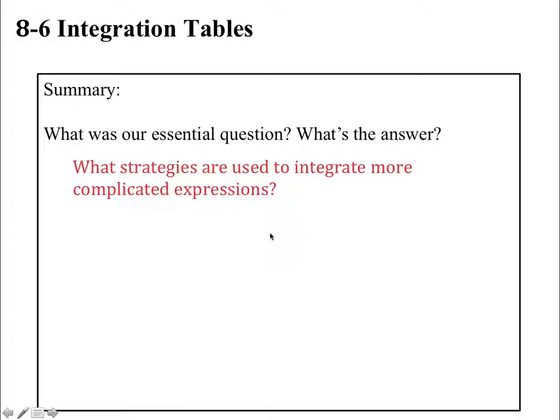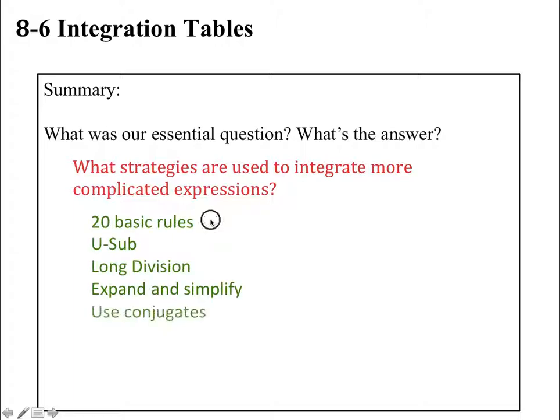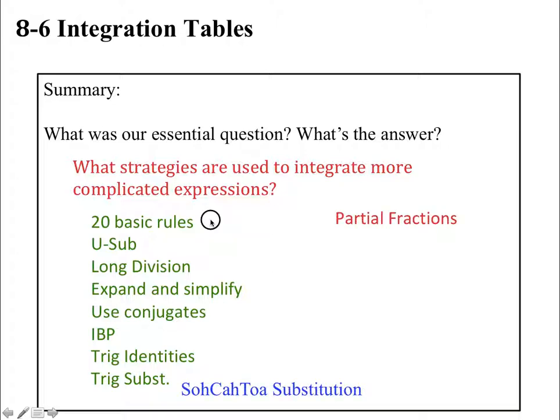So our central question was strategies to integrate more complicated expressions. Really, we have all of these rules, and now we have our tables, and so it's really about identifying those patterns in the tables, and then possibly using a u sub to make the expression look exactly like what's in the table, and then cranking out that antiderivative.